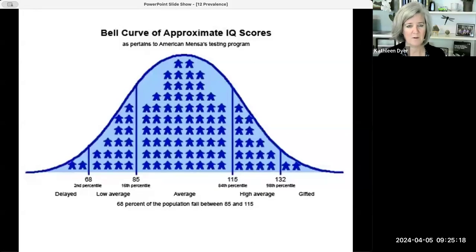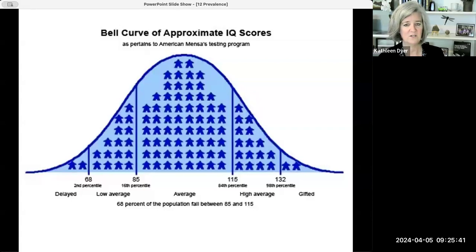I'll start with one you've probably seen before in a child development class. You probably studied IQ and how IQ works. IQ is normally distributed. The tests are constructed and scored such that a mean score and an average score is 100. That is the average IQ score. The standard deviations go out plus and minus.